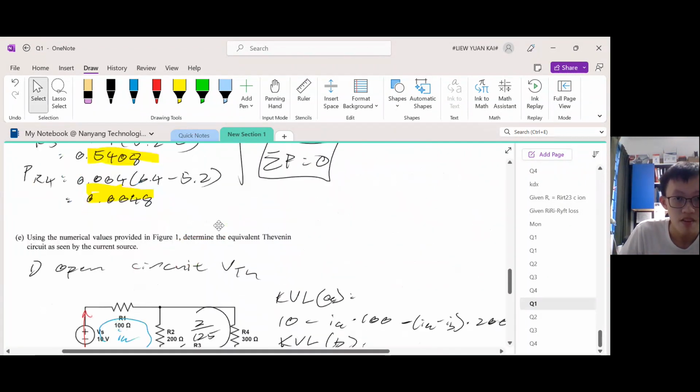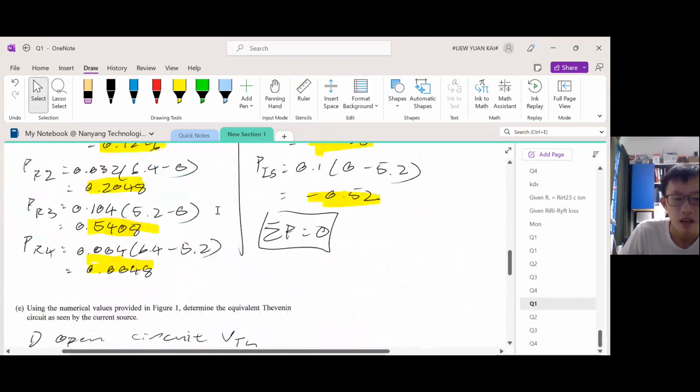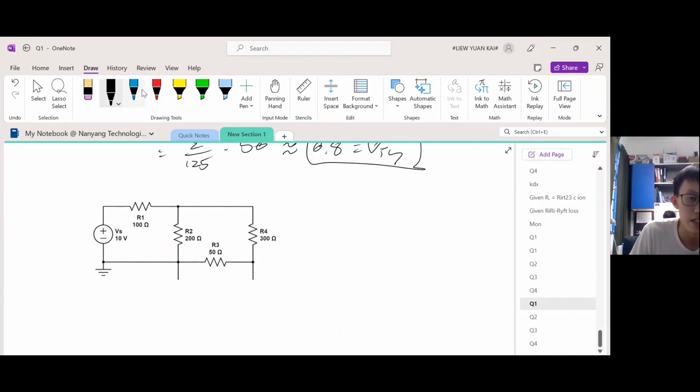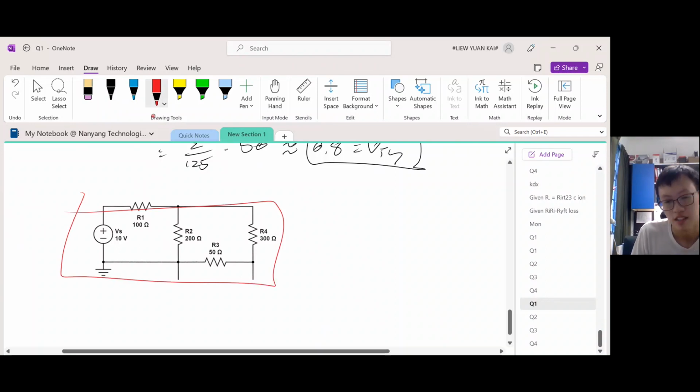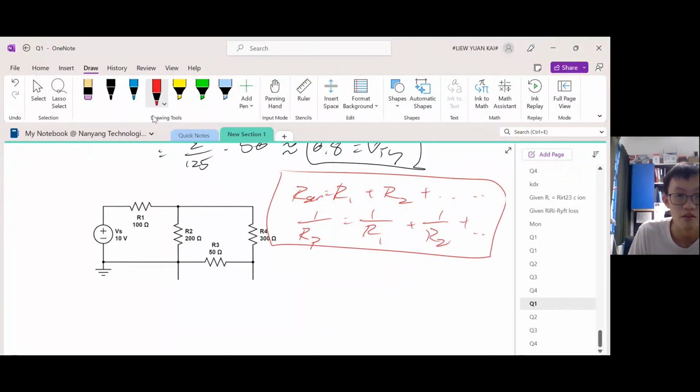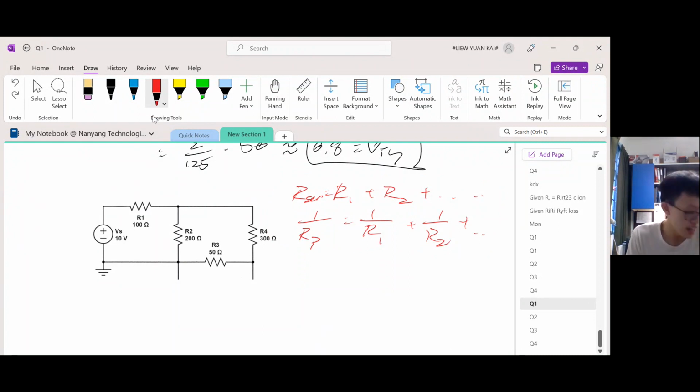So what we're going to do is take the total resistance of this configuration, using the formulas like R series is equal to R1 plus R2 plus so on, and 1 over R parallel is 1 over R1 plus 1 over R2 and so on. We're going to use these formulas, okay? So bear with me. You have to know who is in series and who is in parallel.